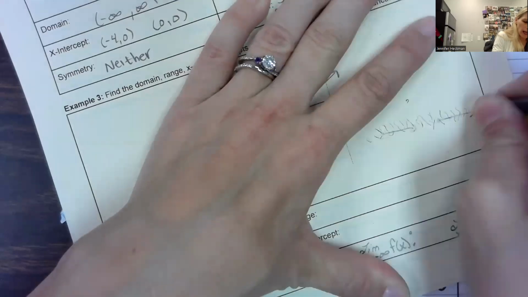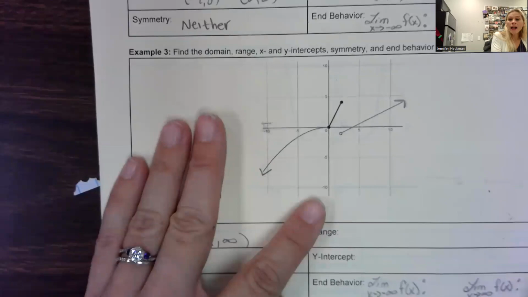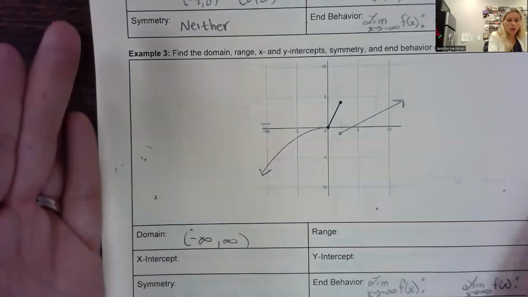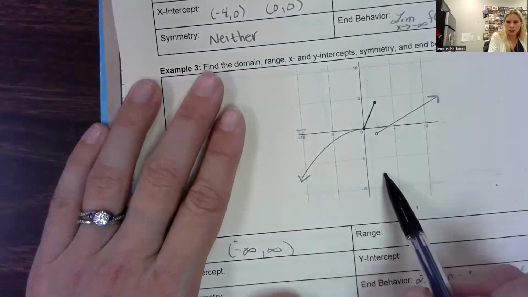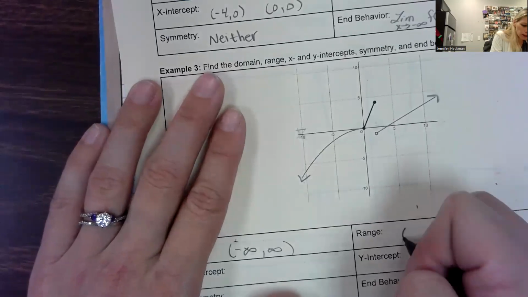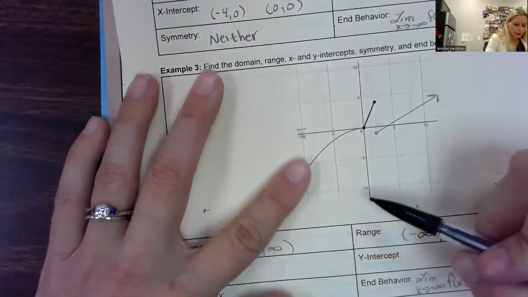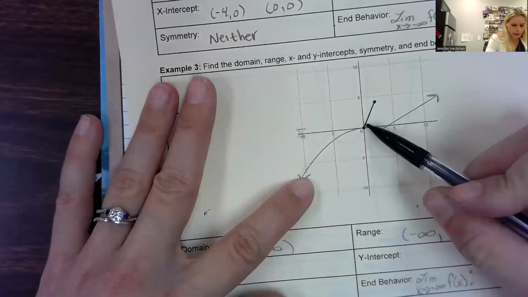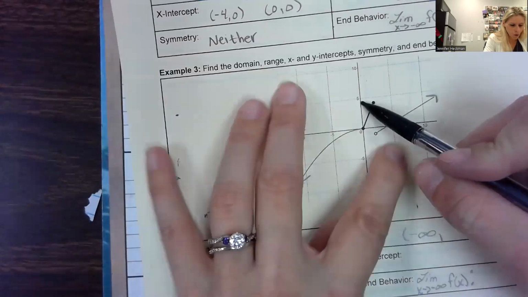Okay, now let's look at the range. Remember, how far down and how far up. If I squish everything onto the y-axis, right? So this is squishing here, the arrow continues down, which means we start at -infinity. As you can see, this graph makes us go up to 0. This graph here makes us go up to 4.